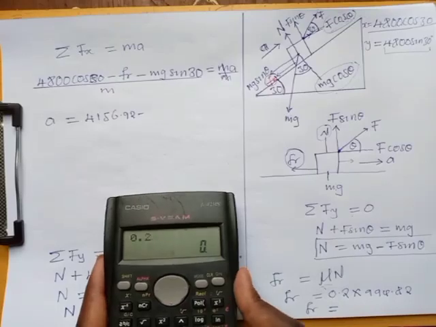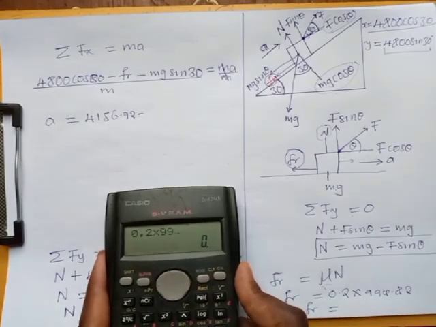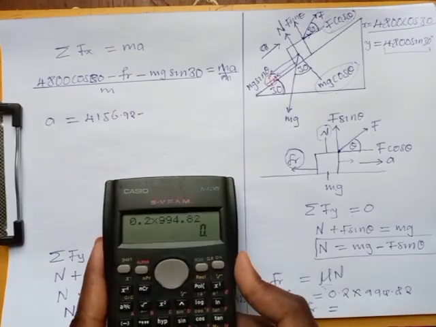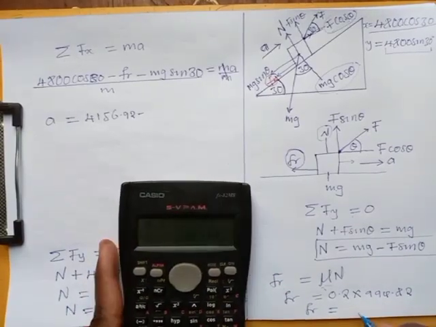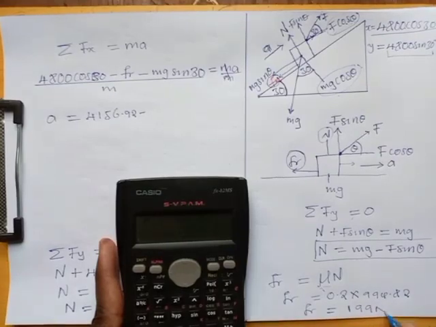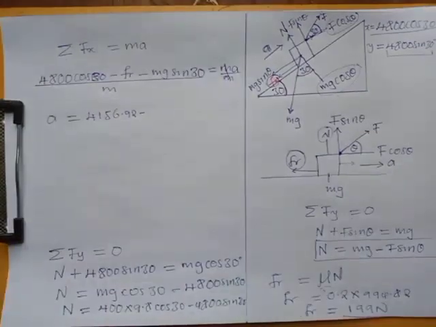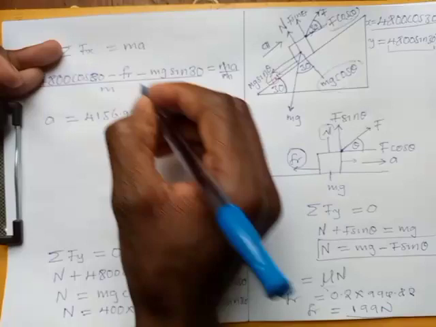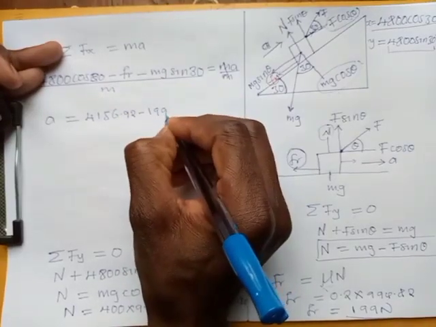So I'll say 0.2 multiplied by 994.82. What answer are we getting? We are getting our friction force as 199 newtons. So this is what you are going to replace where there is friction, 199.